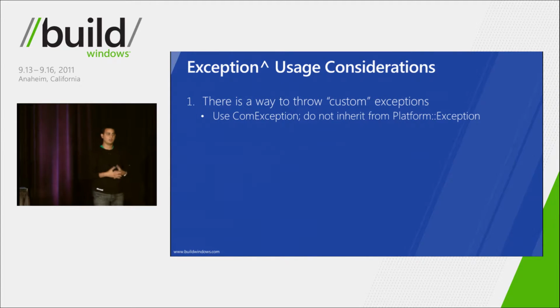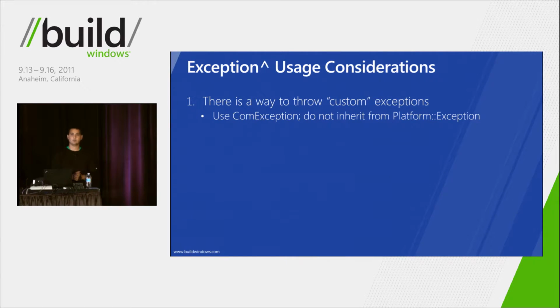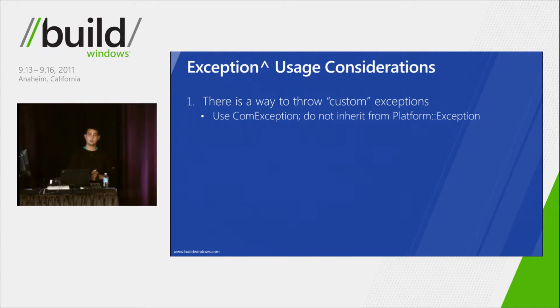This is not a facility that's currently provided. But if you want to do something equivalent to throwing custom exceptions, remember that exceptions are pretty much all HRESULTs. You can create your own HRESULT and pass it across. The way to do that is by using an exception type called COMException. I'll show you how to use it. It's actually quite simple.